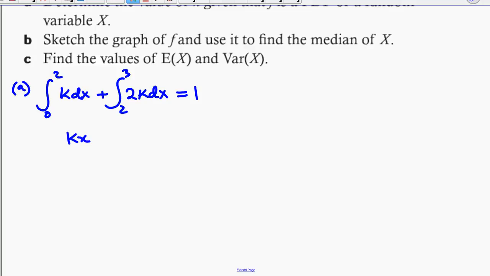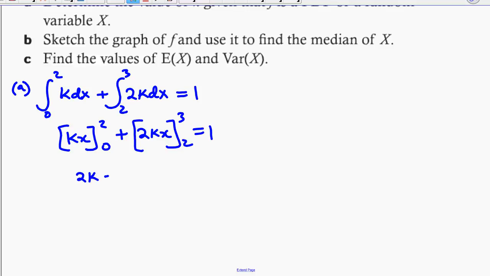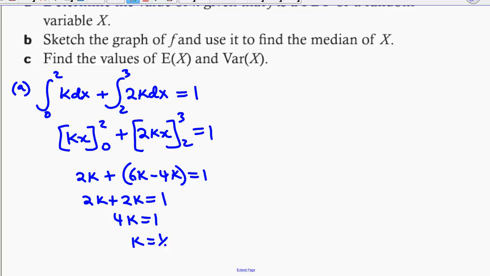That will give me kx with limits 0 to 2, plus 2kx with limits 2 to 3, is equal to 1. So basically 2k plus 6k minus 4k is equal to 1. So 2k plus 2k is equal to 1. 4k is equal to 1. k is equal to a quarter. Good.